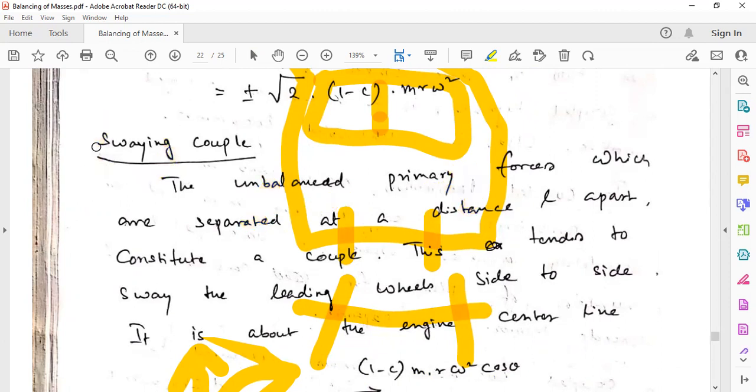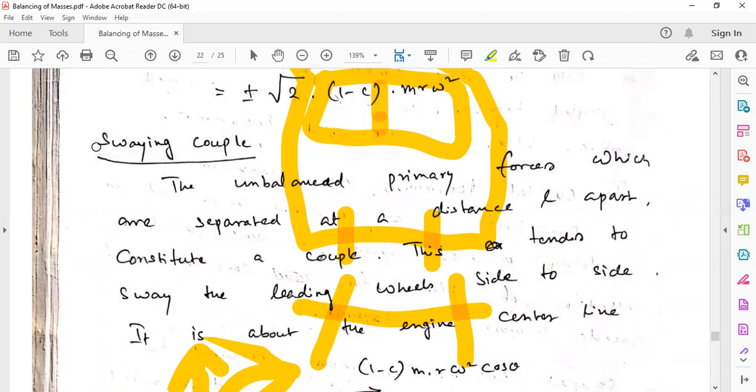You have seen in vehicles, and if not, you can search on the internet, that there is a bar, some kind of rod, in your four-wheeler nowadays. It is called a sway bar.